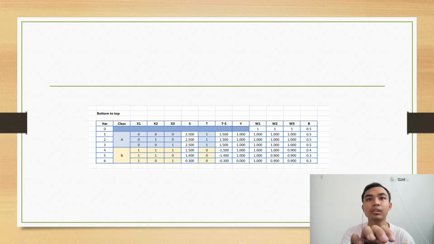So when y and t are equal, the values w1, w2, w3 remain the same, and also the bias remains the same, and then these are all the values that we have.